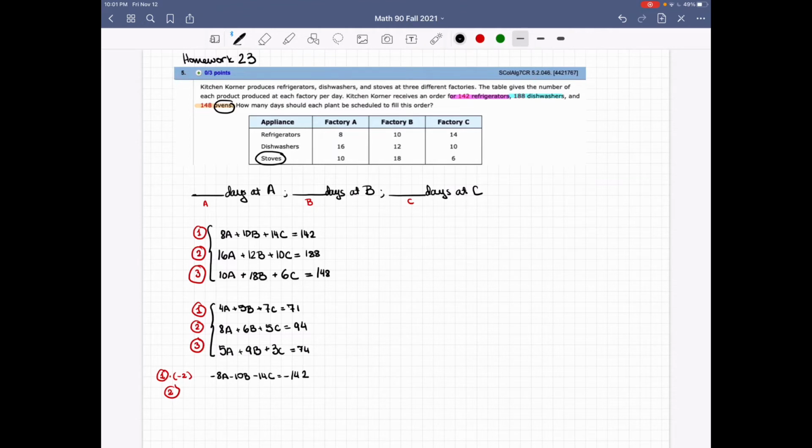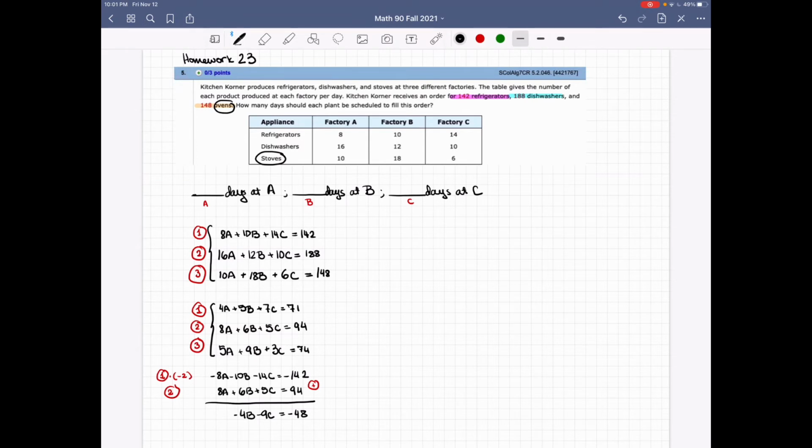And the second equation is 8a plus 6b plus 5c is equal to 94. If I add those together, I get -4b minus 9c is equal to -48.